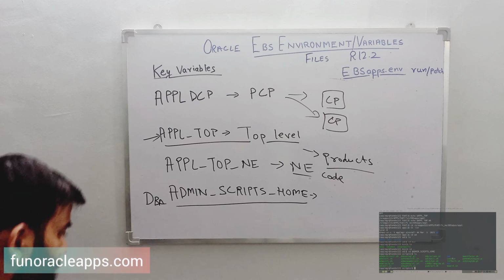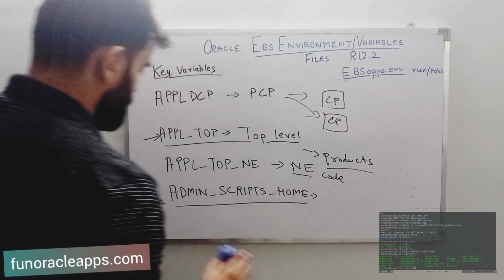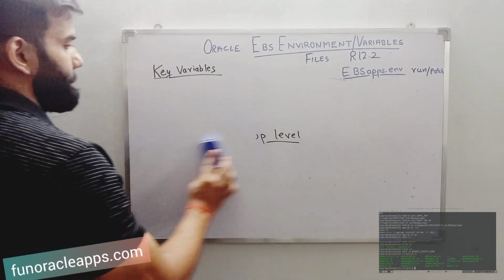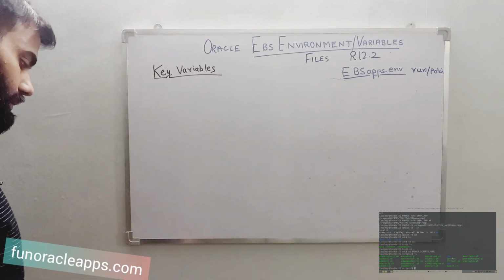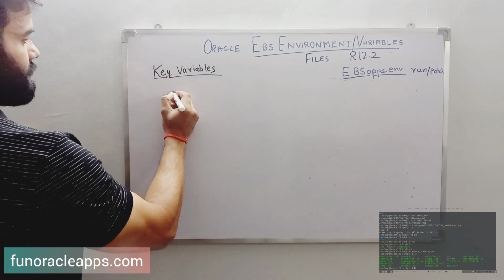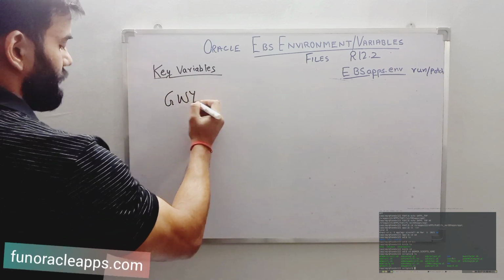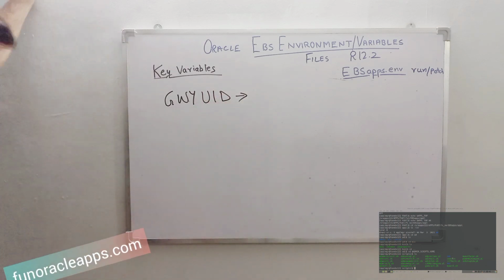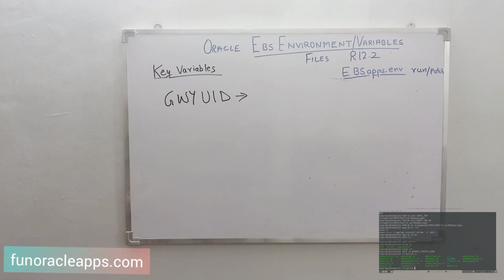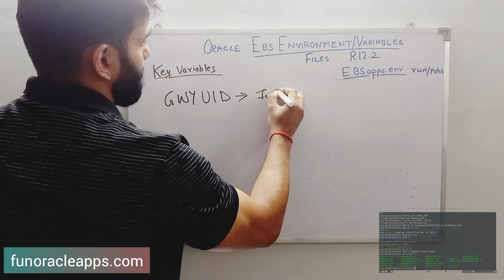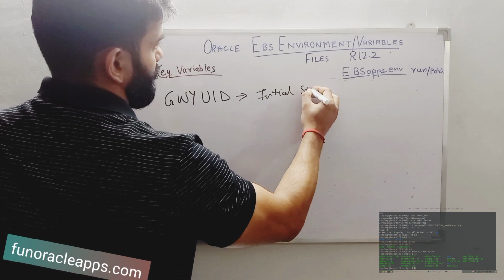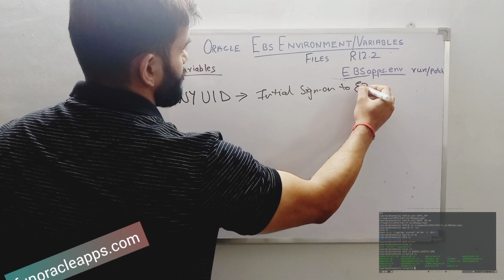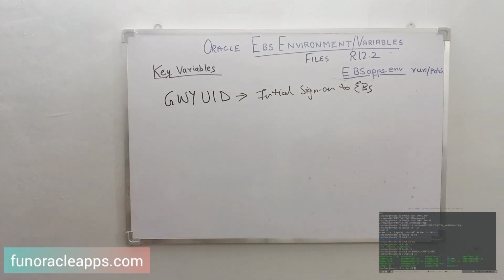Now let's cover some more important ones. There is a variable called GWYUID. What is this? Whenever you sign on for the first time to your EBS login page, there is an authentication being done.